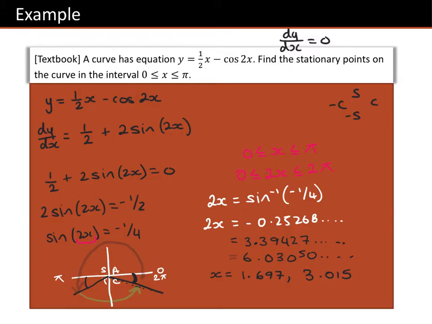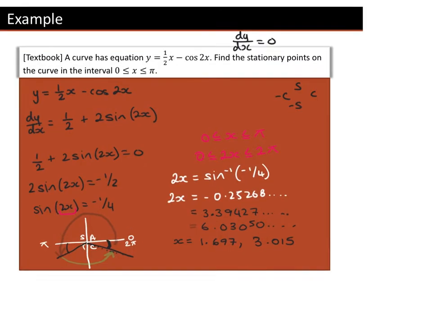But it says find the stationary points. So if I have an x coordinate, what do I need to find? A y coordinate. So I need to substitute these x values into this equation to find my y coordinate.